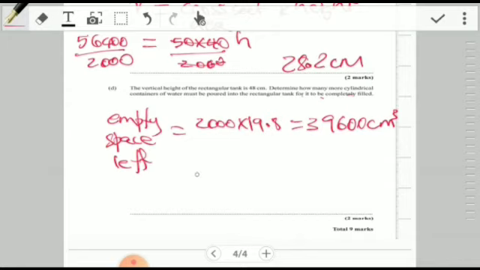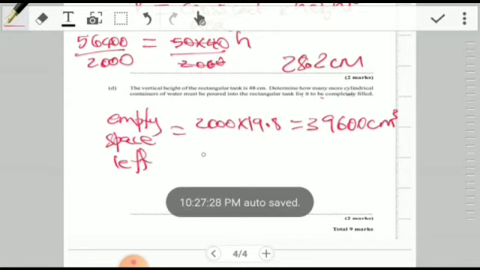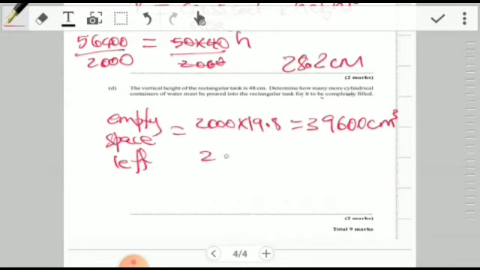Now remember, one of the containers is 26,400. All right, 26,400. So all we're going to do is divide the 39,600 by the 26,400.